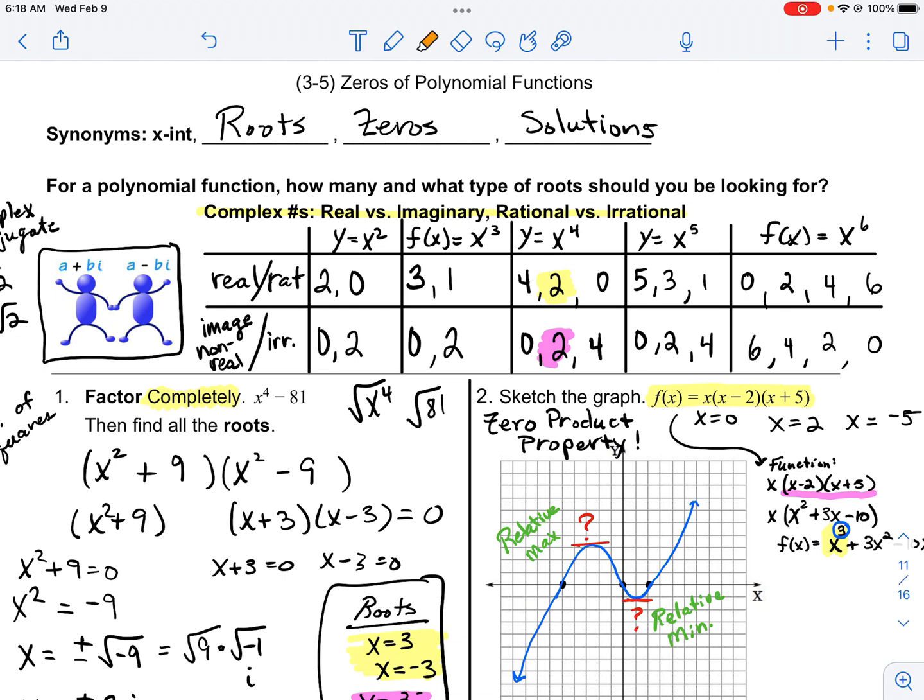So I want to remind you that when we're dealing with x to the third, we might have 3 rational roots, which means those p's over q's that we're creating, we might find 3 of those that work, and we wouldn't have any that were imaginary, non-real, or irrational.